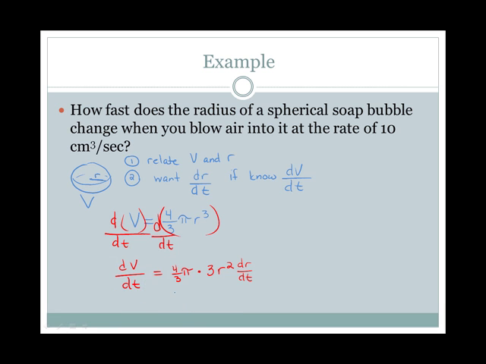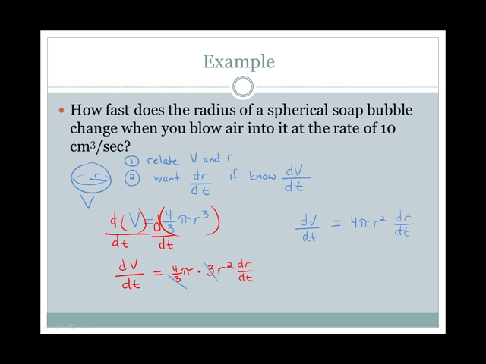So let's clean it up a little bit. We get dV/dt. The 3's are going to cancel, and we're left with 4 pi r squared dr/dt. And so now solve for dr/dt.